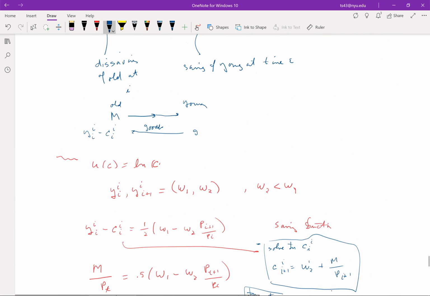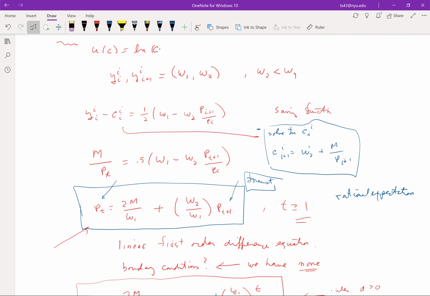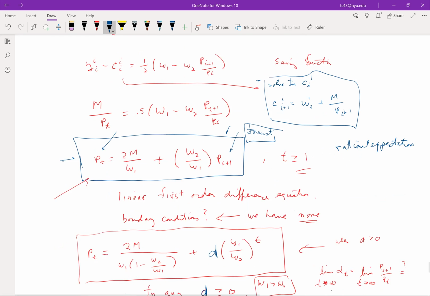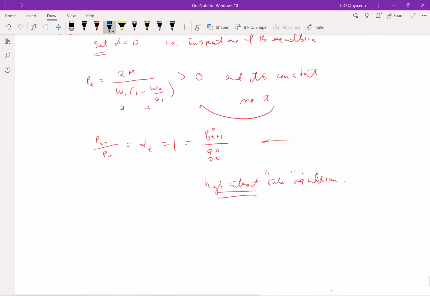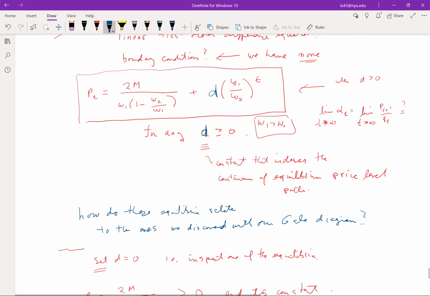Okay, so we stare at this equation, and we can tell a story about it. Money is valued today because it's expected to be valued tomorrow. And it's going to be more highly valued today the more highly valued it is tomorrow. That's what this equation is telling us, and that's true in all the settings that we're talking about.